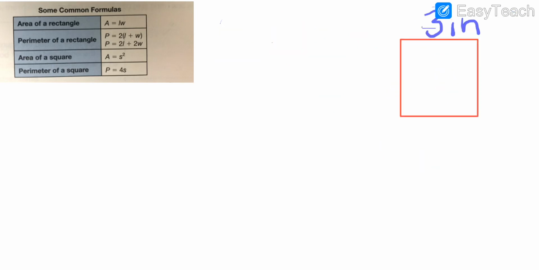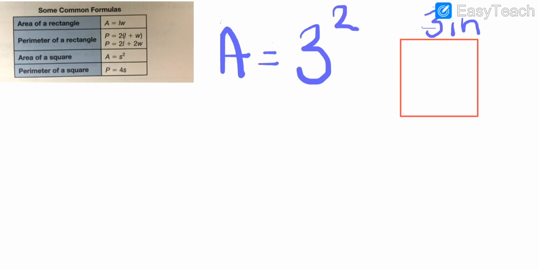Now let's find area of a square using the formula. So my formula for area of a square is A equals S squared, which means area equals the side squared. So in this square, my side is 3 inches long. So I would plug in this measurement for the S. So that means that A equals 3 squared.